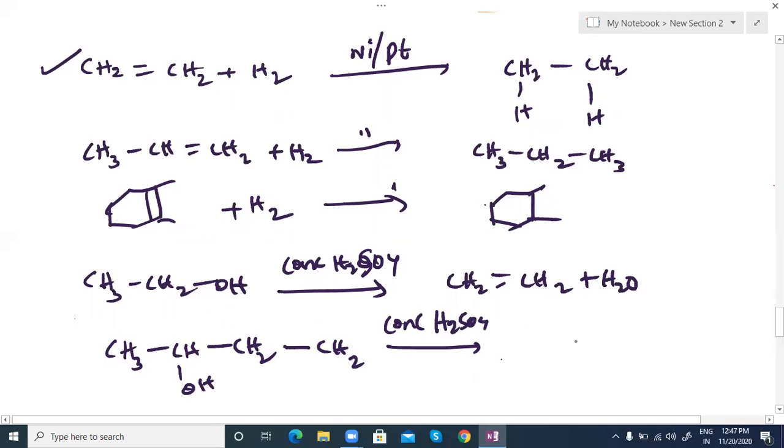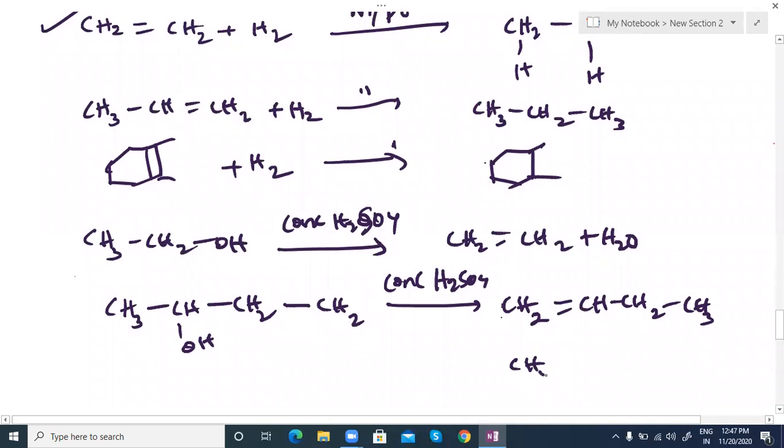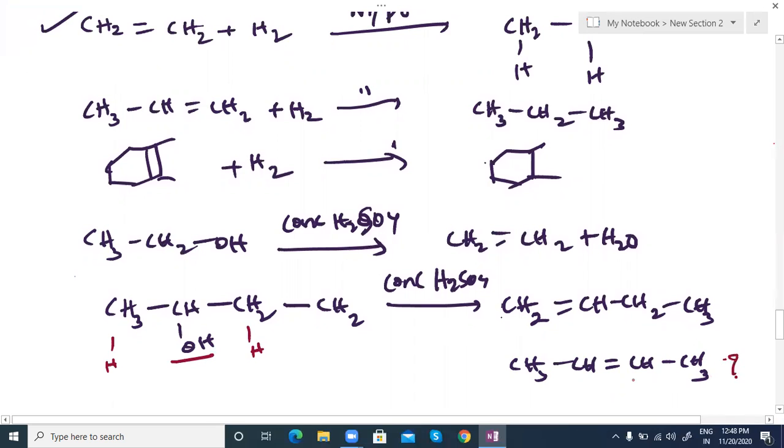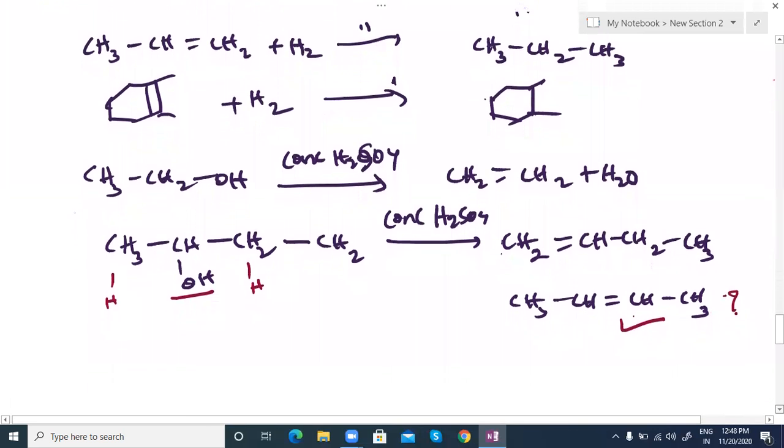Will we get only one product or two products, which is the major product and which is the minor product? How to decide? I have two chances: double bond CH3-CH=CH-CH3 in one case, and the other chance is the other position. I can remove this OH and hydrogen from here, or I can remove hydrogen from the other side. Two chances, but which is the major product? How to decide this? We can decide by knowing electronic effects.